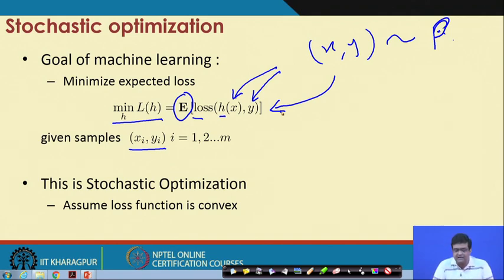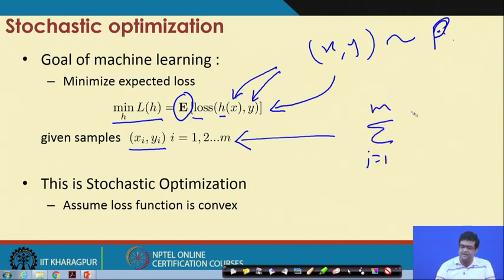But what you end up doing is getting these samples xi and yi from this distribution, and then you minimize the empirical loss function, which is the summation over i equal to 1 to m of the loss of h of xi comma yi. So this is the empirical loss function.